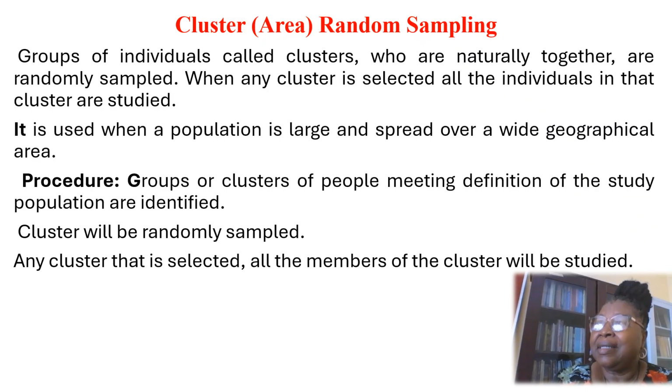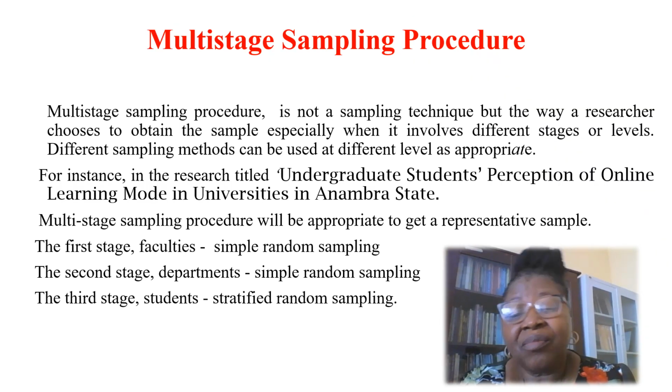When you cluster them, you sample among the clusters. For instance, you have about 5 clusters. What you do is you sample among the 5 clusters. So any cluster that is picked in that sampling, every member of that cluster has to be selected.